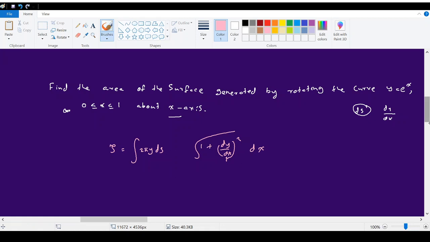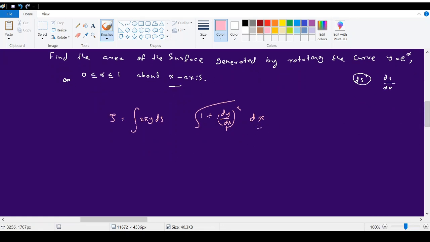And so remember, when you have dx here and y here, you will have to change everything back into x variables as well, right? So once you have this, we have an integral that runs through the variable x, but here we have y.